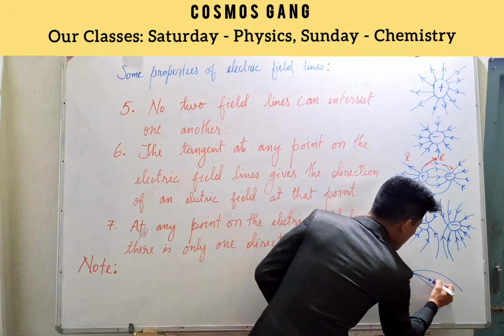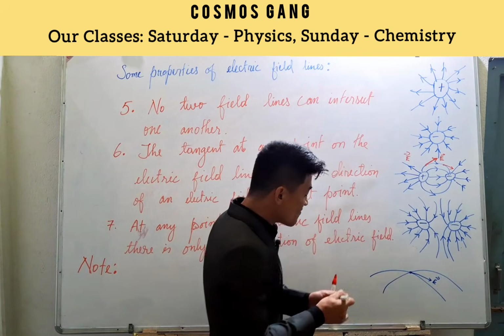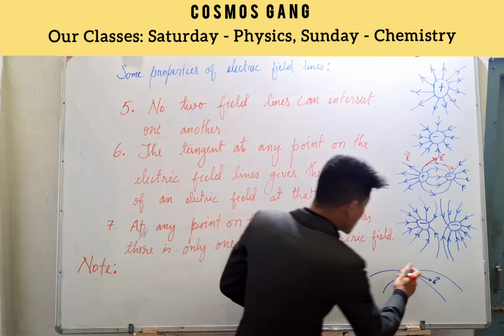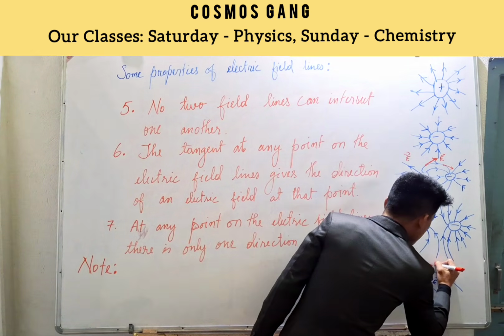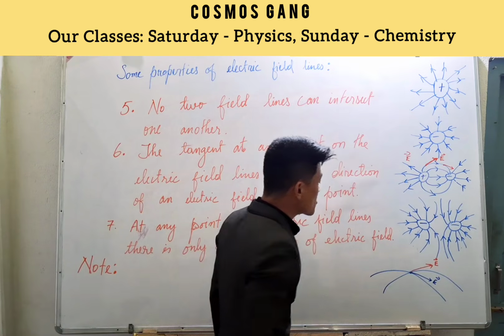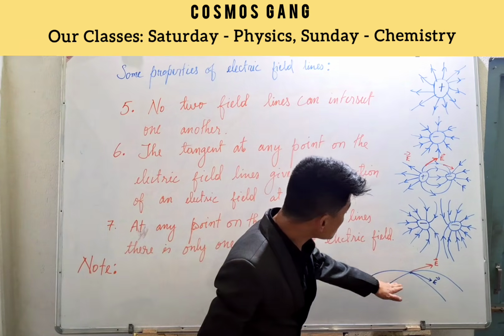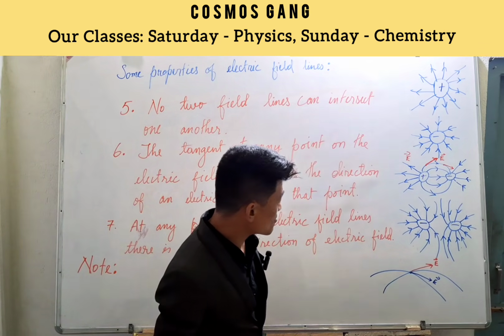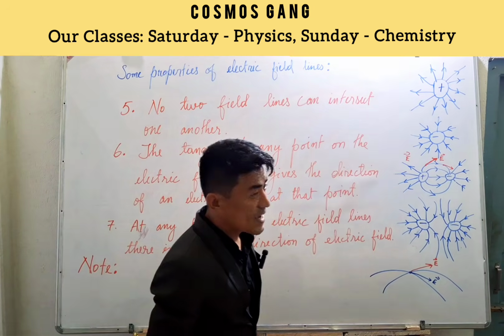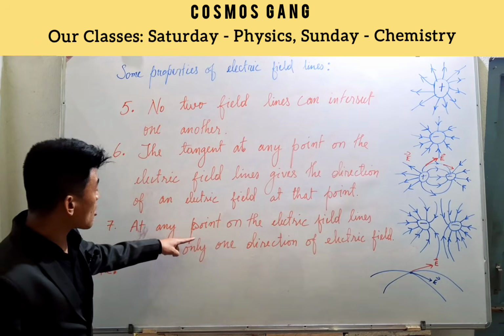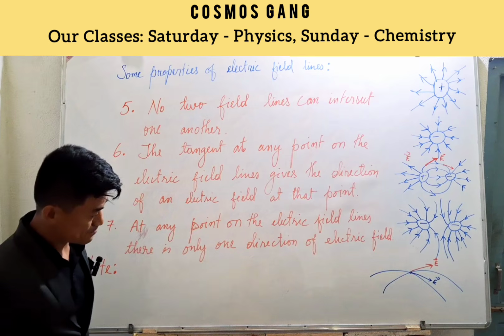So this will tell me the direction of electric field here. From the same point, I can draw another tangent here, which gives me another electric field direction. So if two lines are intersecting one another at a single point, I'm getting two directions of electric field, which is against our point number 7.